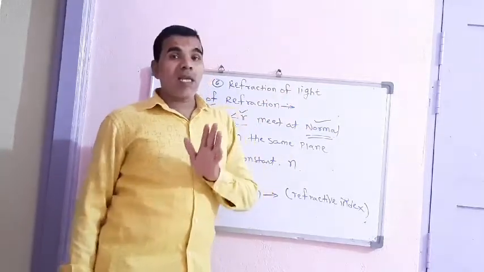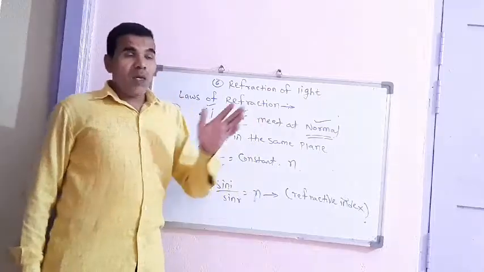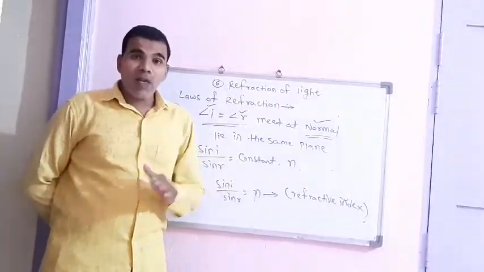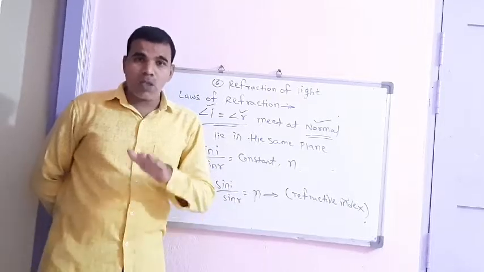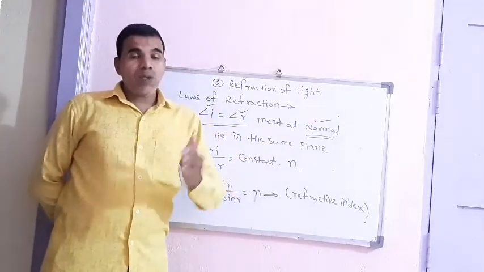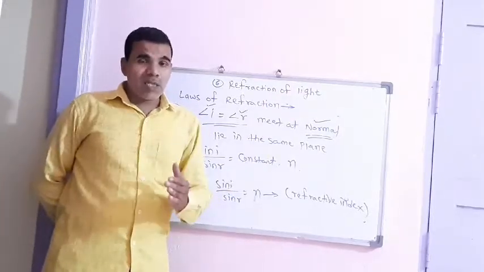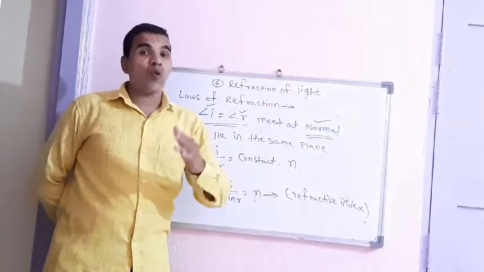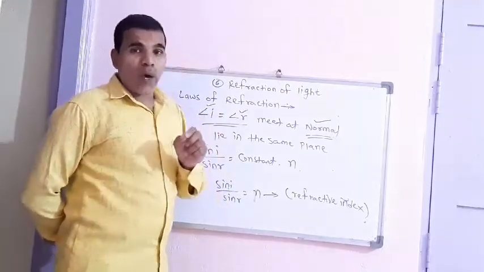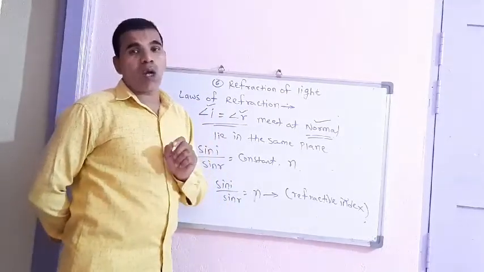The rays from the sun, the incident rays, fall on the earth and go to the opposite side. They meet at a point, which is known as the normal.